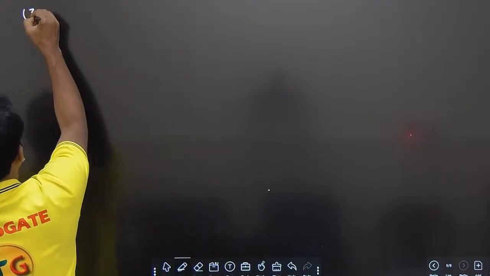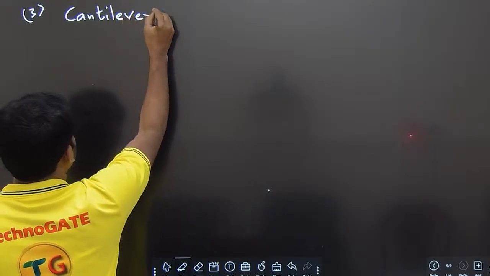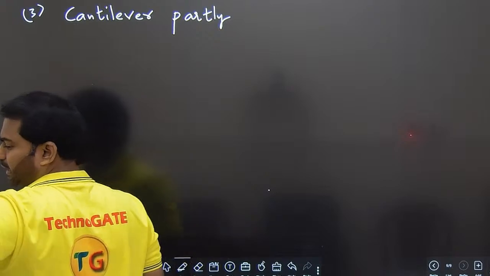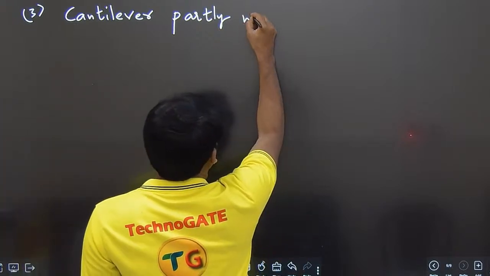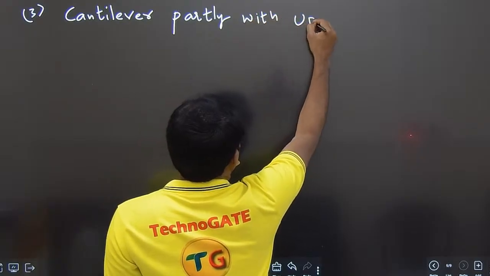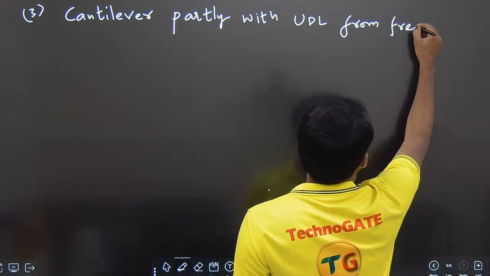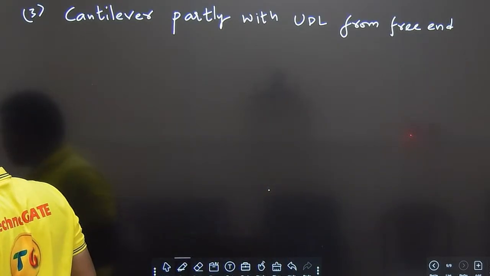The third case is cantilever partly loaded with UDL from free end. I'm just putting the title as it is.